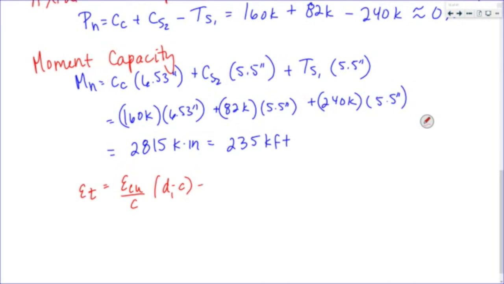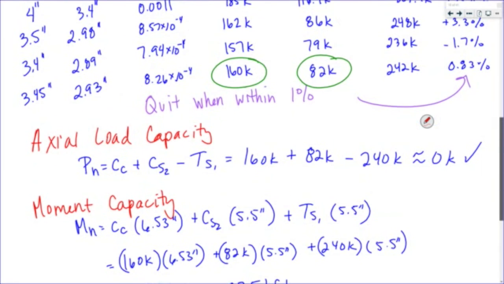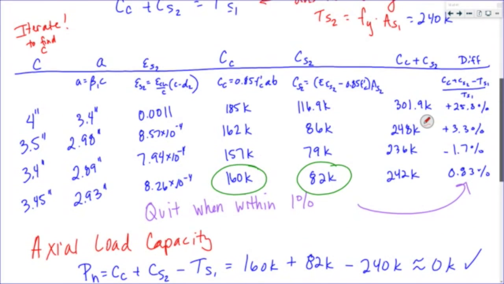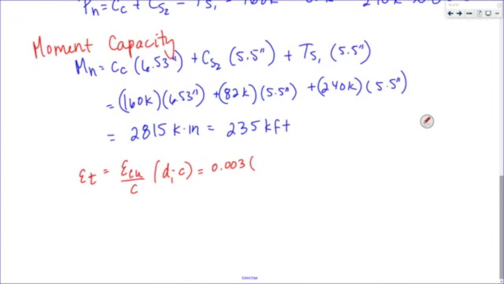So 0.003 times 13.5 inches minus 3.45 inches. I iterated to find that, if you don't remember.